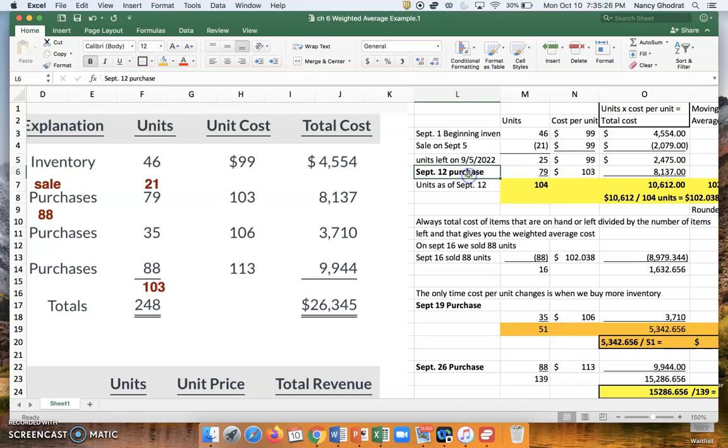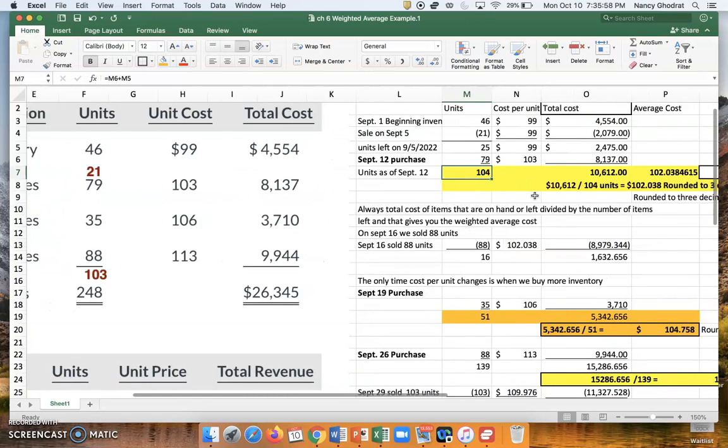On September 12th, they purchased 79 units and they pay $103 per unit, so the total cost of that purchase is $8,137. Add that to the cost of the units that were left as of September 5th, so now the total cost of inventory as of September 12th is $10,612, and the number of units as of that day is 104.